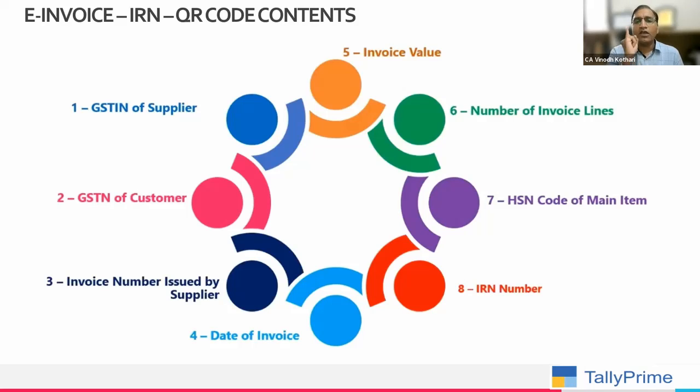What are these details? 1, it will contain the GSTN of the supplier. 2, the GSTN of the customer. 3, the invoice number issued by the supplier. 4, the date of invoice. 5, invoice value. 6, number of line items. 7 is the HSN code of the main items. 8 is the IRN number. These are the 8 details which will be available in your QR code.